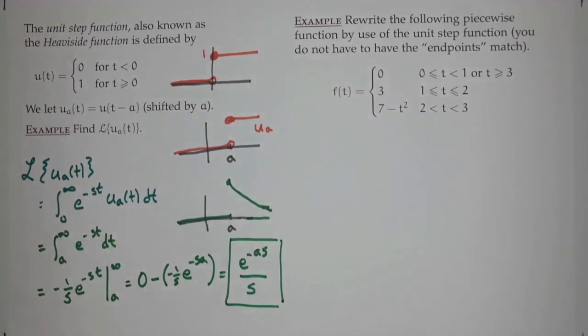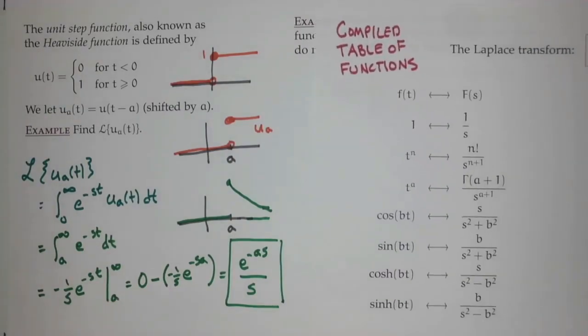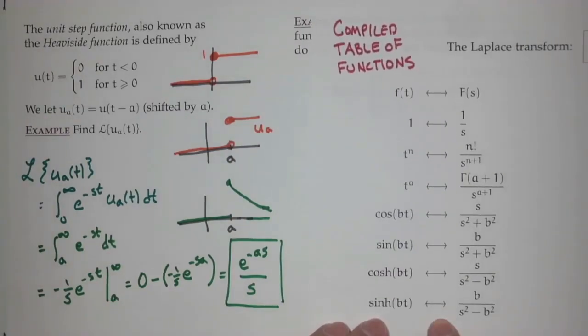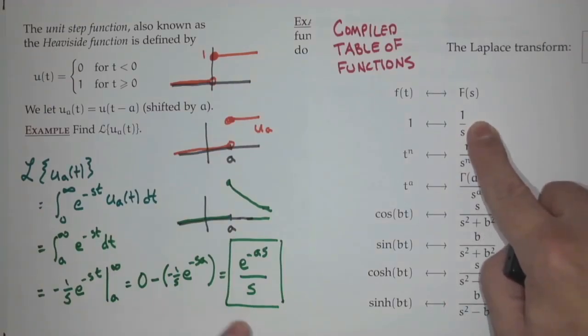Now, if you think back, and this is probably great for people who have good memories, what does this vaguely remind us of, this unit step function, in terms of our table? So suppose I throw our table up here. What does it kind of look like? Looks a lot like what happened to 1. See, 1 would end up with the 1 over s.